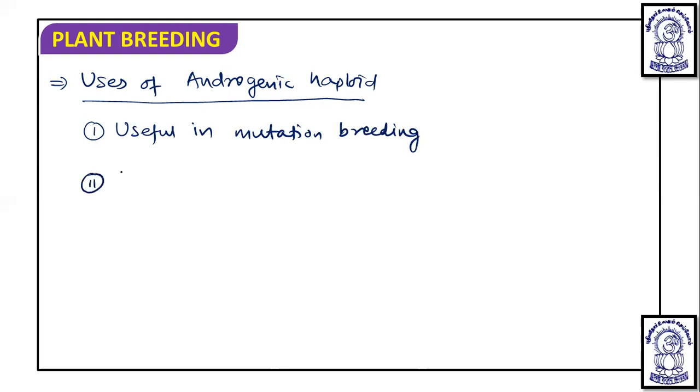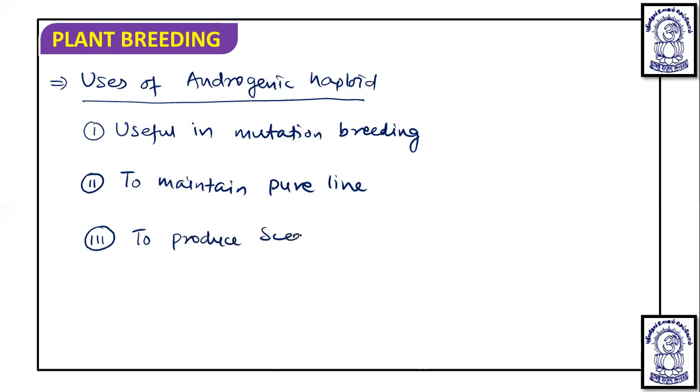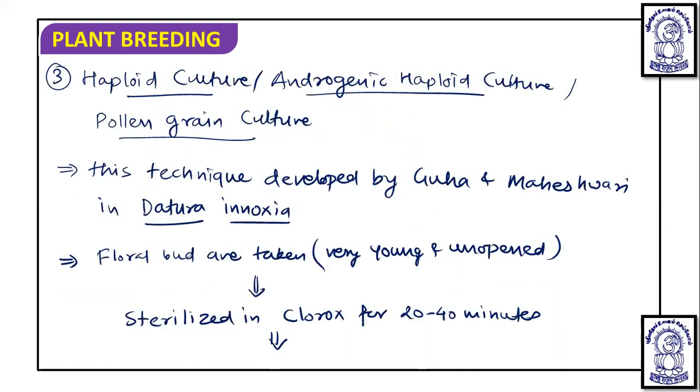Second is to maintain pure line or homozygous line. And third, to produce seedless variety. So in such a way the androgenic haploid can be useful. Okay, so this is the third type of culture, haploid culture, or we can say androgenic culture, which we have discussed.